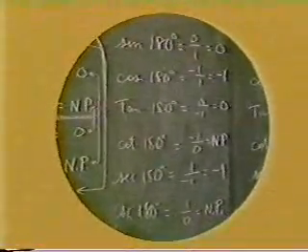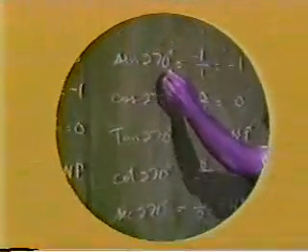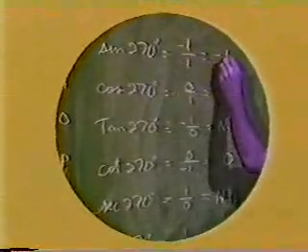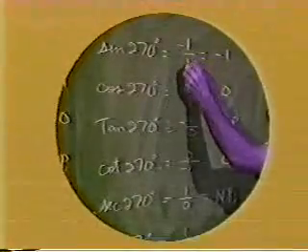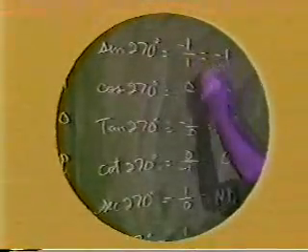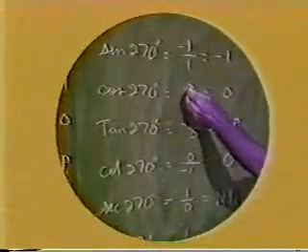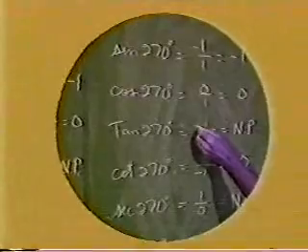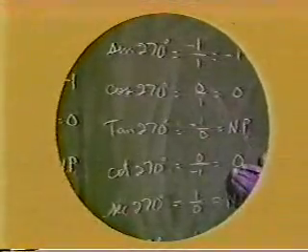All right, let's look at 270. The sine of 270 is y over r. That's minus 1 over 1. If you look at your graph and your notes, you notice what y is, what r is, what x is. All right, cosine of 270 is x over r. That's 0. Tangent is y over x. That's not possible. If that's not possible, cotangent is 0.